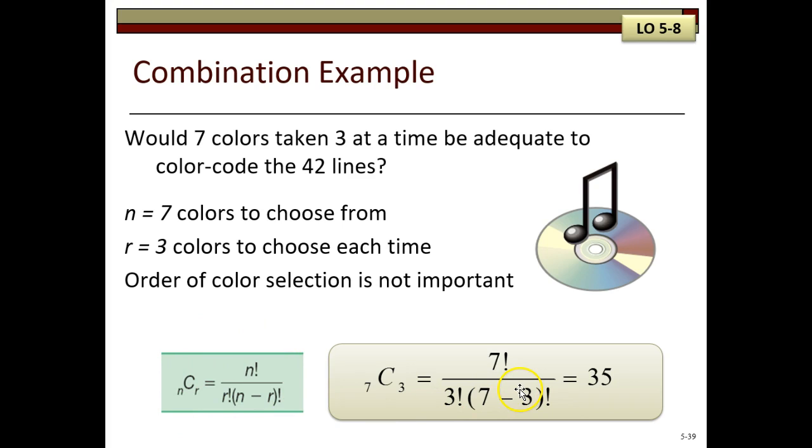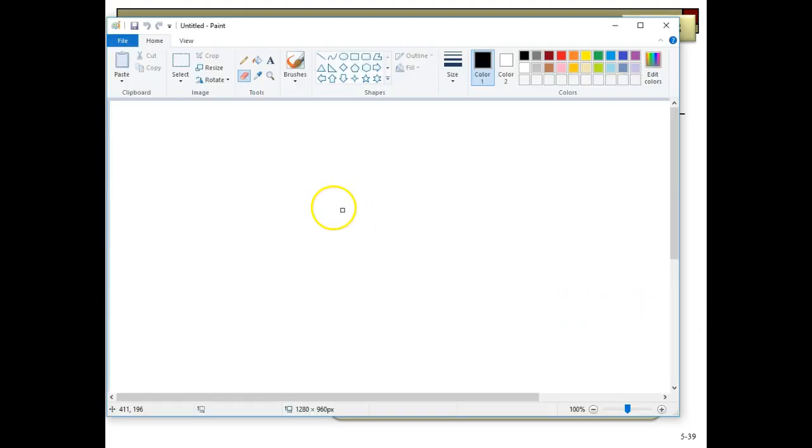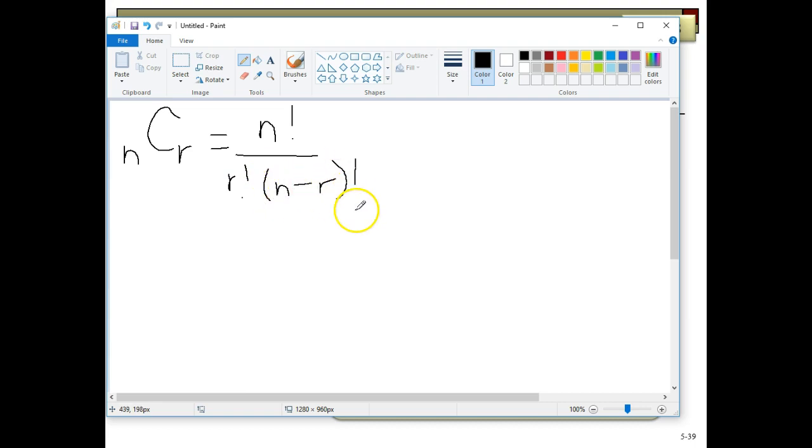Let's go over to another screen and we can take a look at this here. Okay, so we've got our combination equation, which is just slightly different from the permutation. It has the one addition to it.